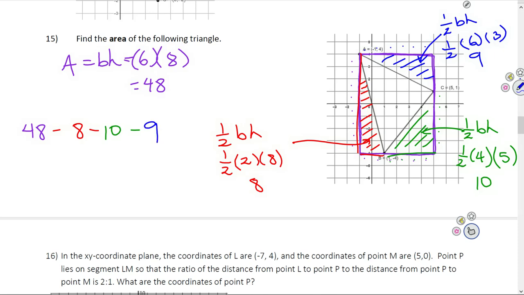Okay, so grabbing a calculator. 48 minus 8 minus 10 minus 9 is 21 square units. That is the area of the triangle that's left, triangle ABC.